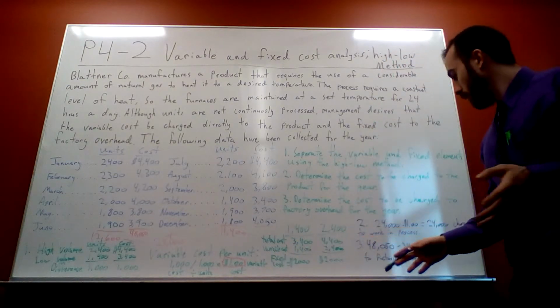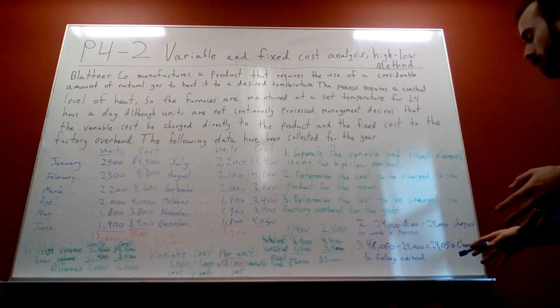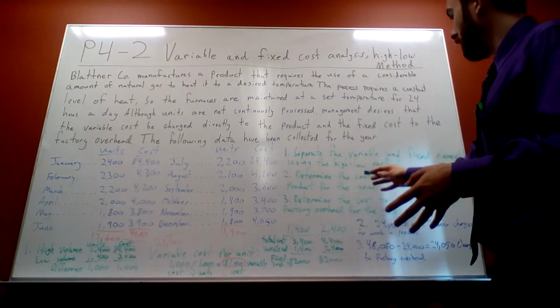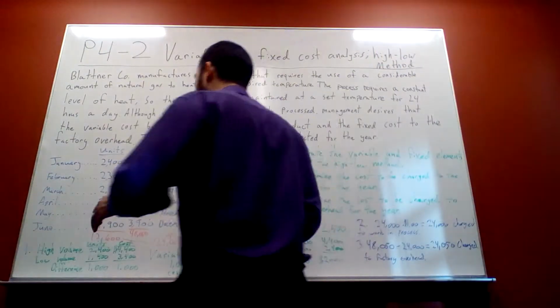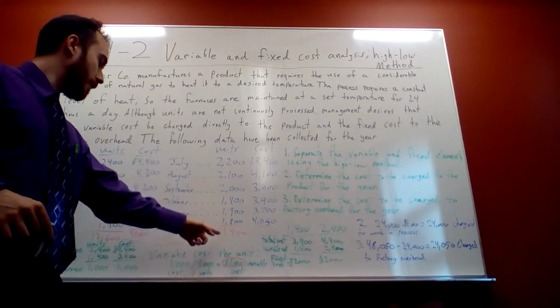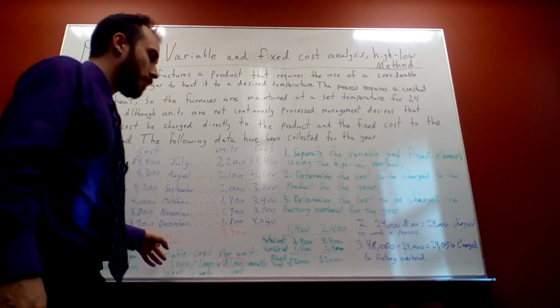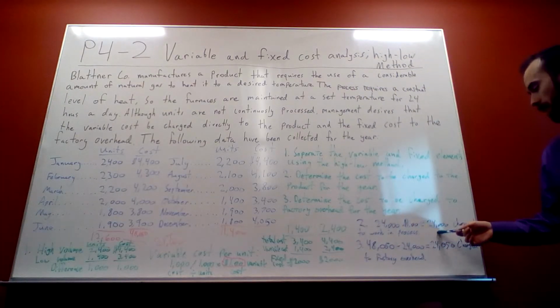That was number one. After we figured out the variable and the fixed, number 2 is determine the cost to be charged to the product for the year. The way to do this is you add up all the units, and I got 2,400 units. You take that 2,400 times that dollar variable, which gives you 24,000.